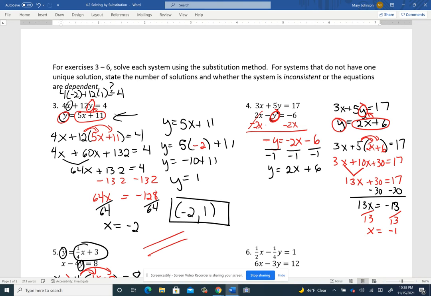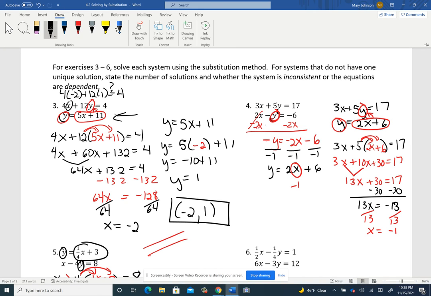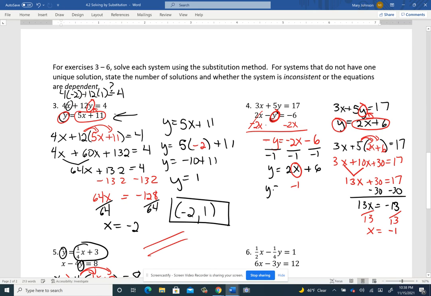All right, now what I'm going to do is go back to that equation where I had the y by itself, and right where that x is, I'm now going to put negative 1. And I wind up with y equaling 2 times negative 1 plus 6. That's negative 2 plus 6, which is 4.